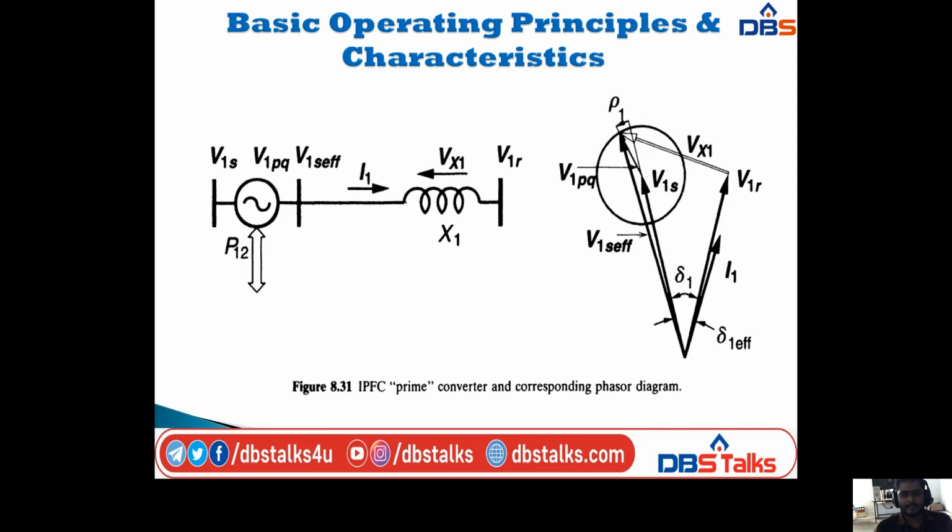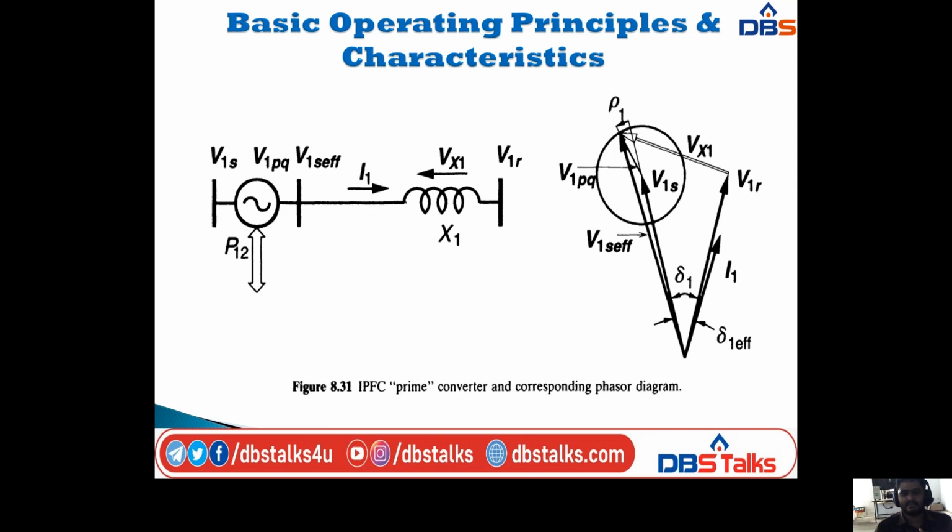So IPFC, prime converter and corresponding phasor diagram. This is the circuit diagram for the first one. Here we have insertion of voltage V1PQ, sending end voltage V1S and receiving end voltage V1R. At the receiving end we have one inductor, X1. It has voltage Vx1, the effective sending end voltage V1S, and current I1, and the power P12.